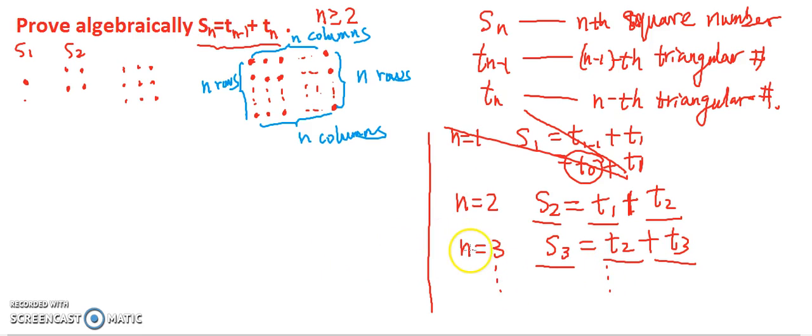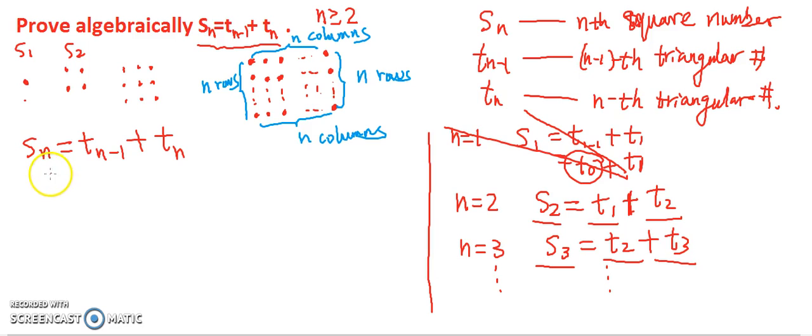So how do we prove the general case? Sn, the nth square number, equals the n minus 1th triangular number plus the nth triangular number. As we explained before, we can draw the graphs like this to show triangular numbers and square numbers.